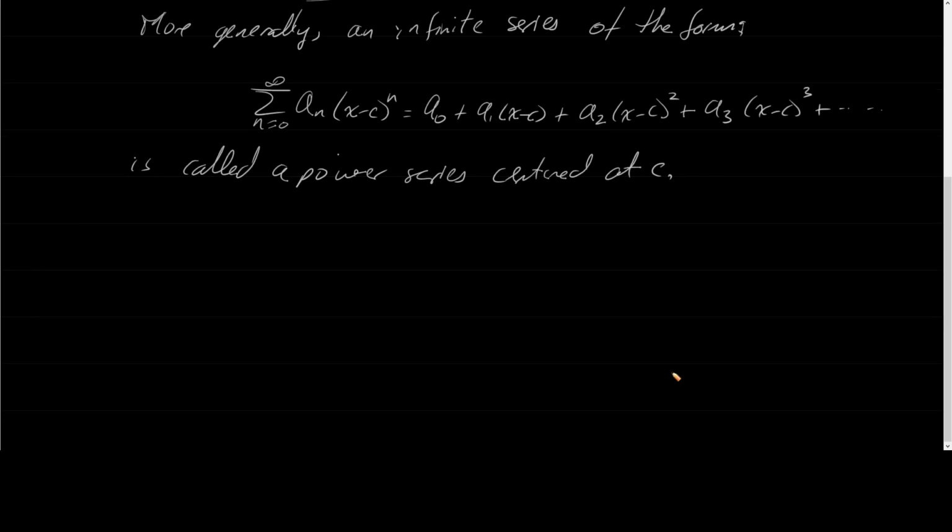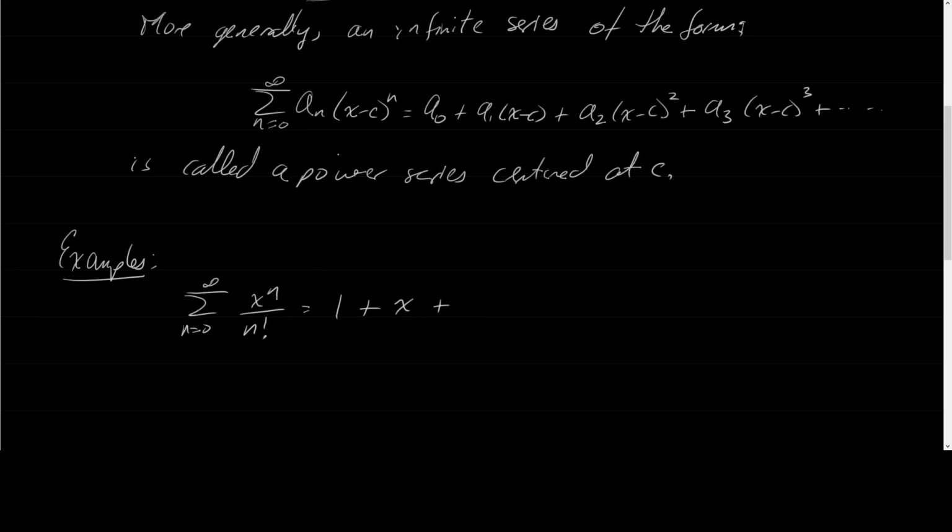So now let's get some examples of power series. Something that looks like this: summation from 0 to infinity of x to the n over n factorial. What would this be? Plug in 0, x to the 0 over 0 factorial, that's 1. Plug in 1, x to the 1 over 1 factorial, that's just x.